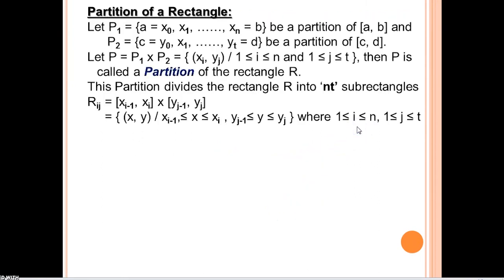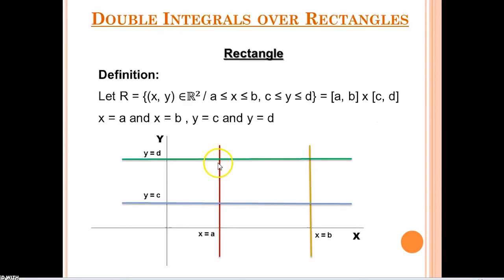So this is the rectangular region that we are going to study, and we are going to define most functions on the rectangle.